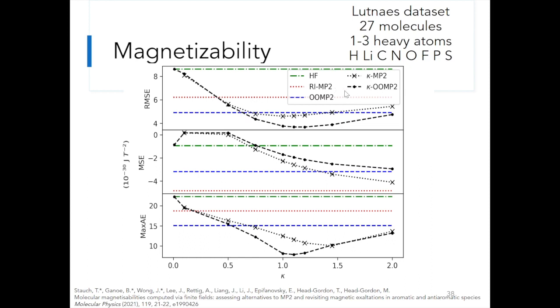We observe here that the regularizer really does some good work in reducing the errors in both the MP2 and OMP2 methods. A side note: these do not reach the error of coupled cluster singles and doubles, which is a bit expected since we're a cheaper method.